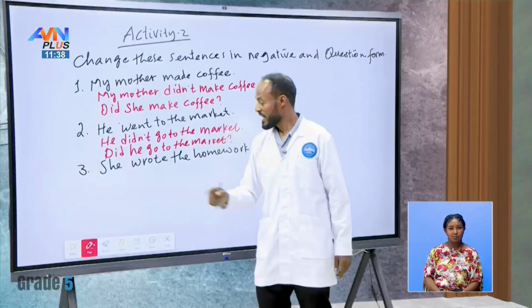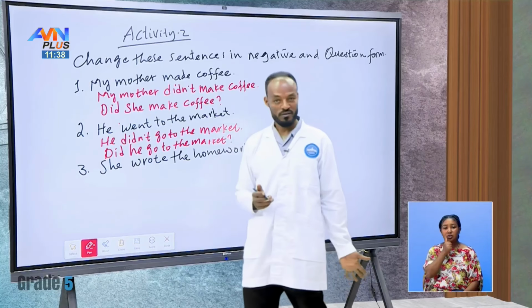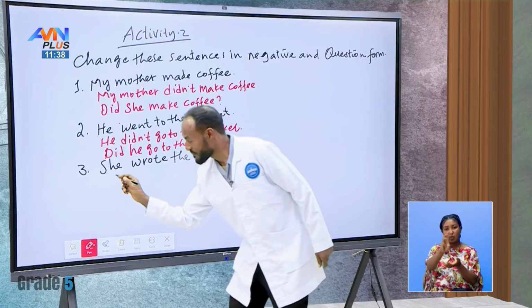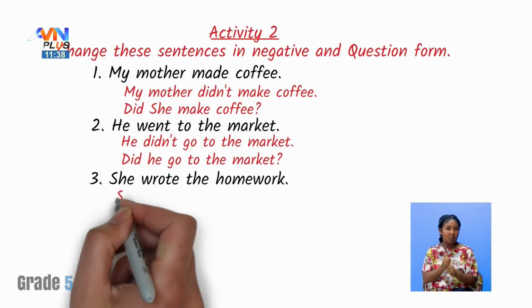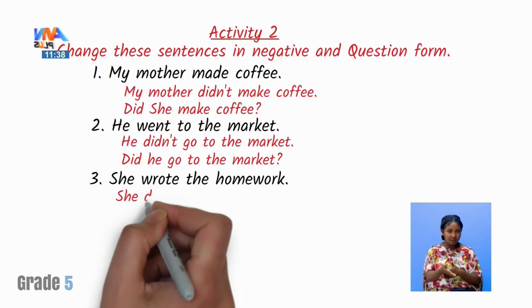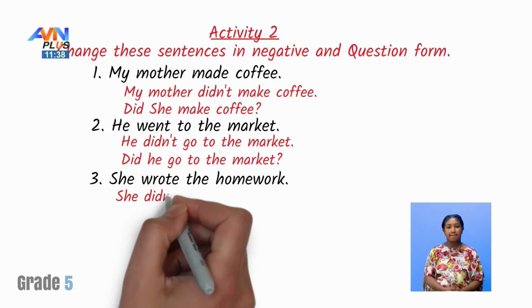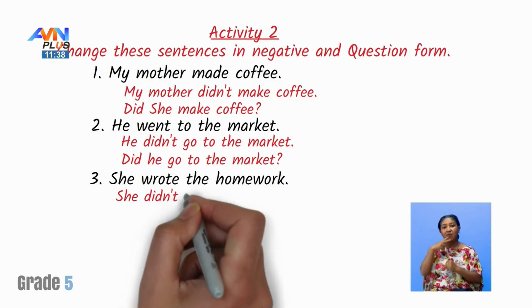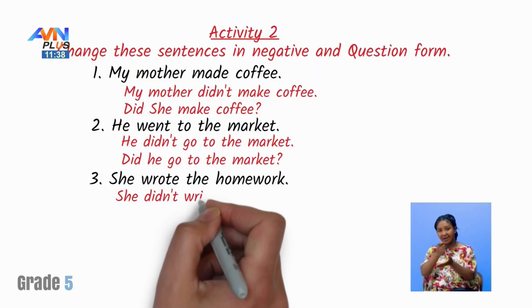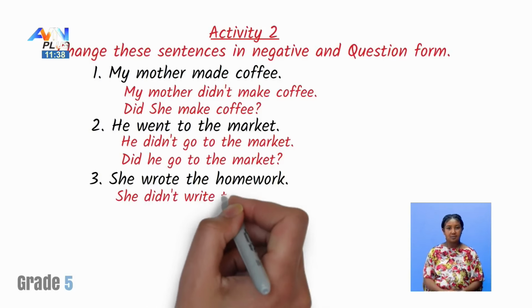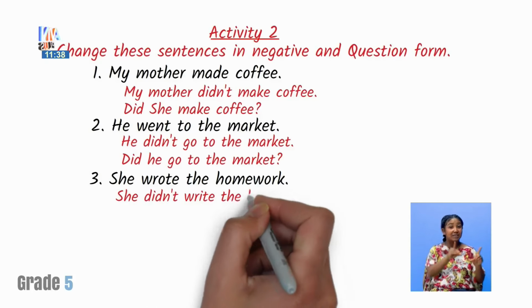Question. She wrote the homework. We have to start from what? She, then didn't. What is the base verb form of wrote? Write. She didn't write the homework.